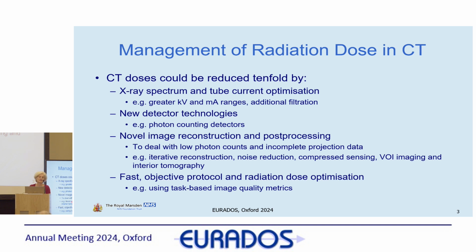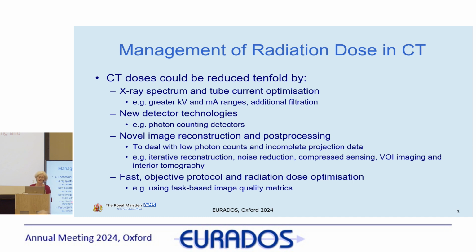The third step was to develop novel image reconstruction and post-processing techniques, because if we were to be able to move to sub-millisievert imaging, we were going to be looking at using low photon counts in order to produce our projections, and possibly also we would have incomplete projection data. So we needed means to reconstruct images from those.